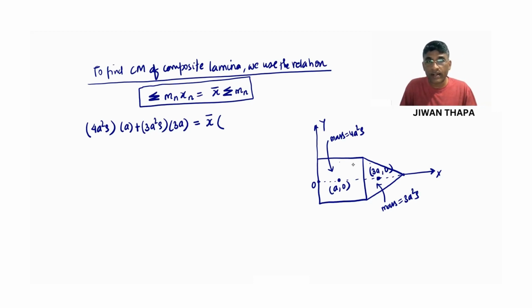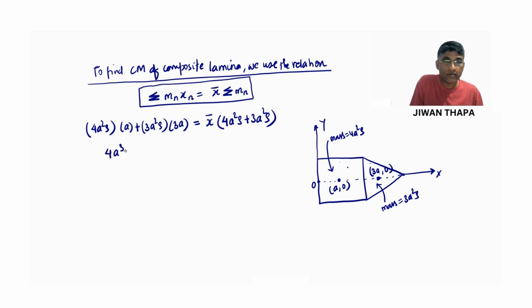Summation m gives me the total mass, so we need to add the mass of the square and triangular lamina to get the total mass of the composite lamina. So we have 4A square rho plus 3A square rho. Now we have this, okay?